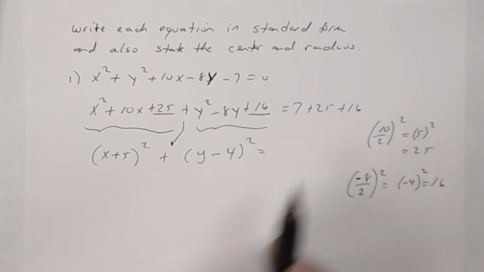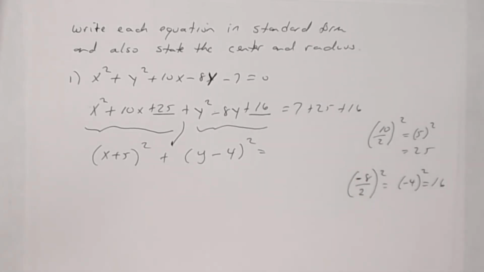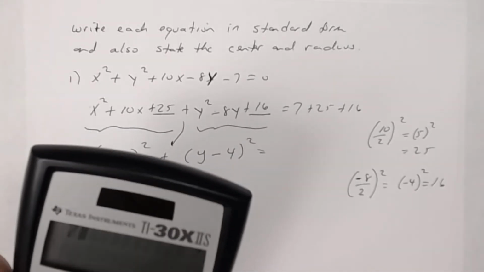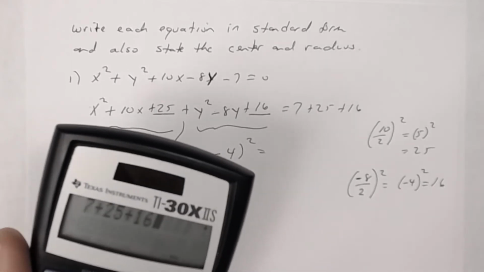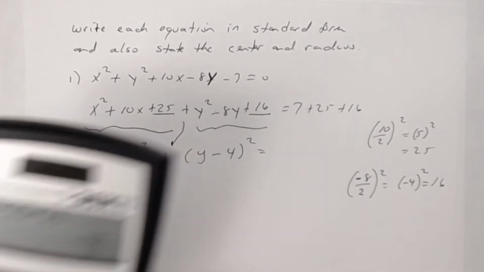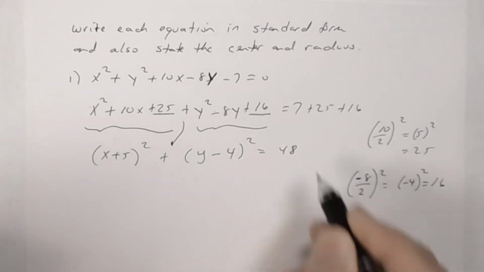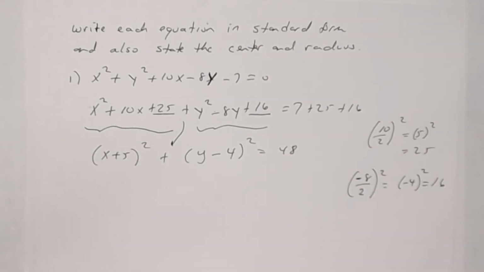And then just take your calculator and just add these numbers here. And so when you do that, you're going to get, let's see, 7 plus 25 plus 16. So I get 48. Okay, 48. All right.